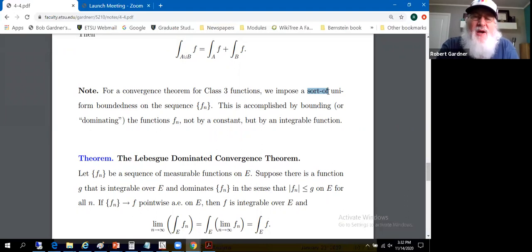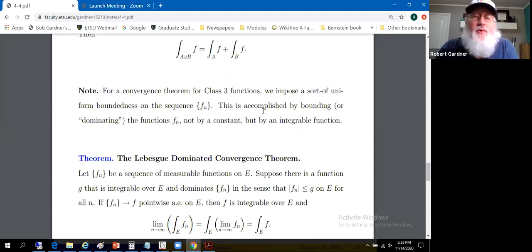Here, I'm not worried about having unbounded functions. I'm worried about having functions with infinite integrals. So the sort of boundedness is more of a boundedness in terms of enforcing integrability on each of the f sub n's as well as the limit function.